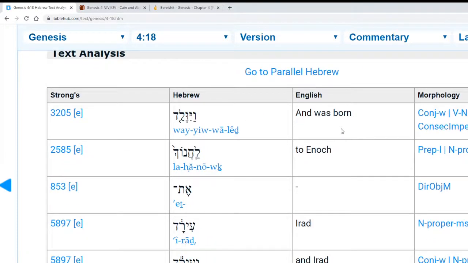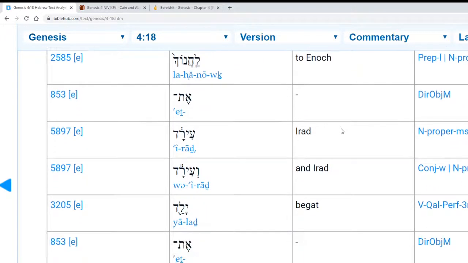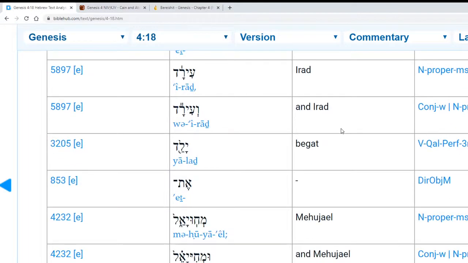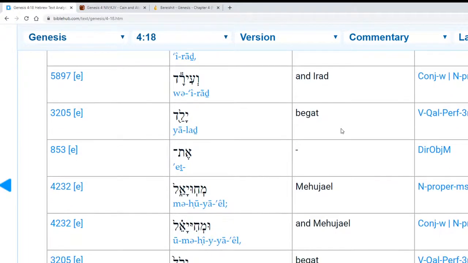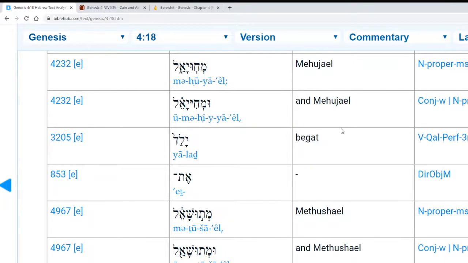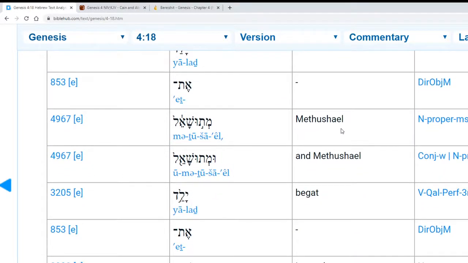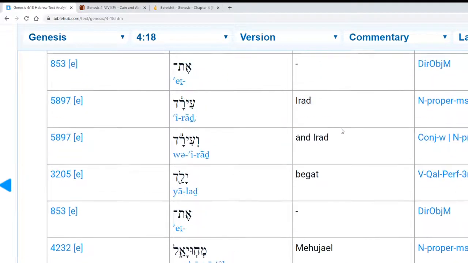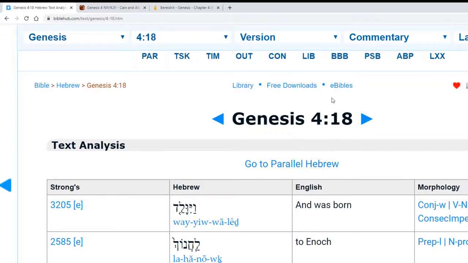Vayivaled lechanoch et Irad, ve'Irad yalad et Mechuyael, uMechuyael yalad et Metushael, uMetushael yalad et Lamech. Okay, so I'm just gonna say what I said before, that in Hebrew, names do change with what you're saying in context.